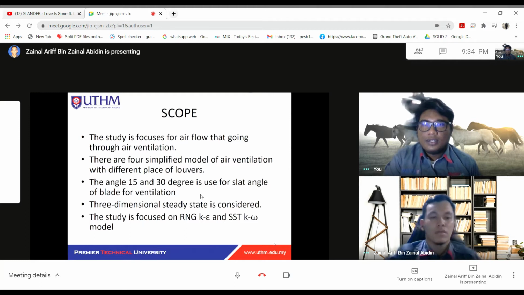Third, the angles of 50 and 30 degrees are used for the slat angle of the plate for ventilation. We assume 3D steady state is considered. So our study focuses on the RNG k-epsilon and SST k-omega models.